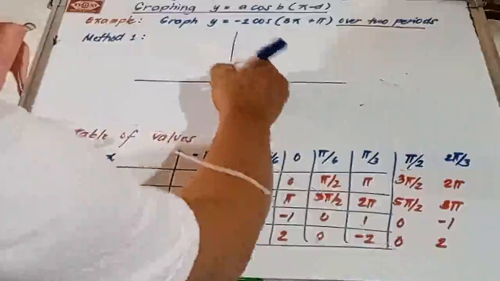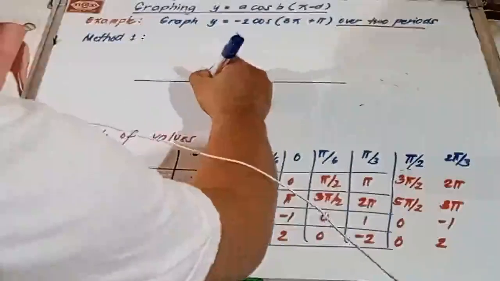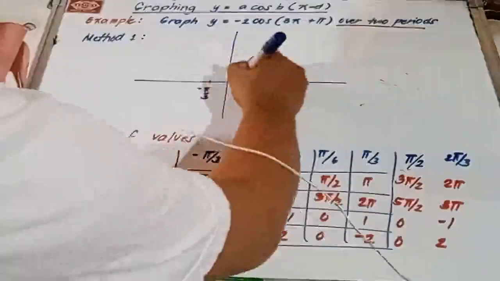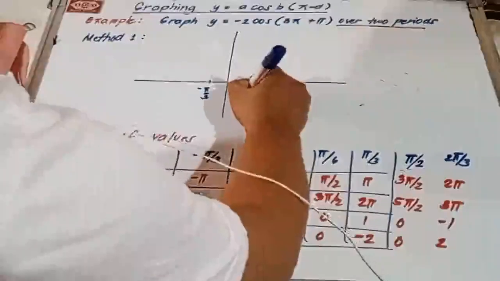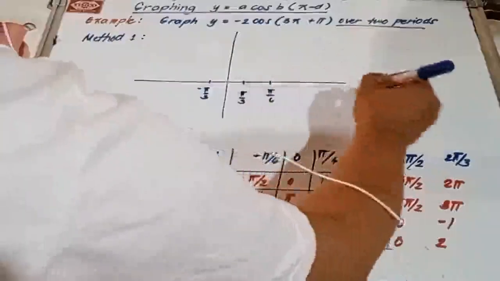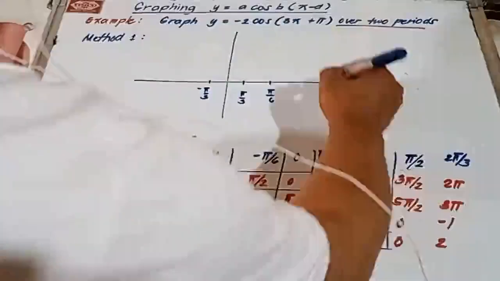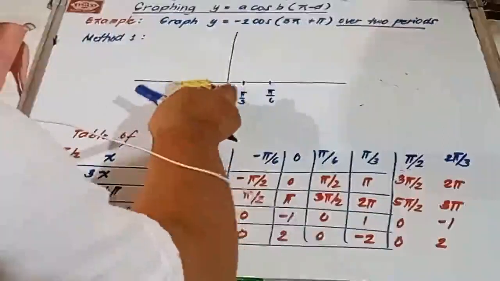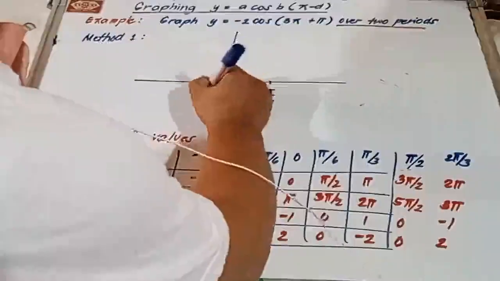Negative pi over 3. Pi over 3 here. Pi over 6. Okay. Baliktad. Sorry. Start tayo sa negative pi over 6.